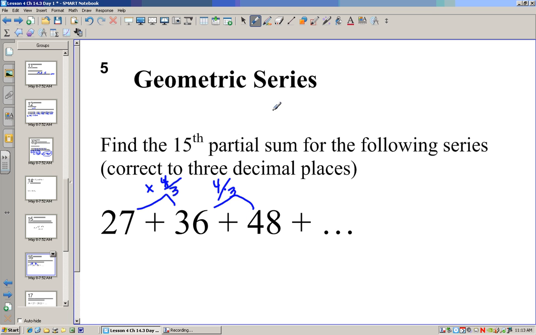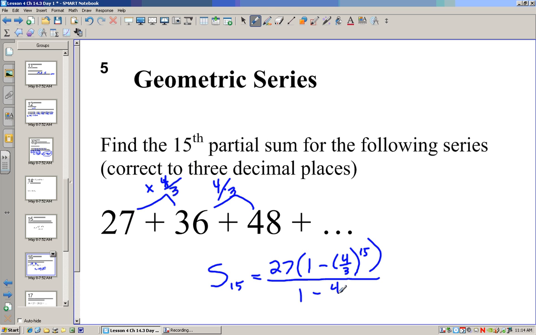One thing that's nice about geometric series is we don't have to find the nth term. So if I want to find S of 15, we want to find the sum of the first 15 terms. I start with my first value, which is 27. I multiply by 1 minus my r value, which is 4/3, to the n power, which is 15, and divide it all by 1 minus 4/3.